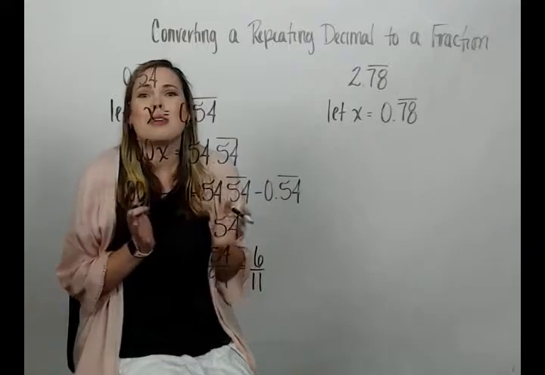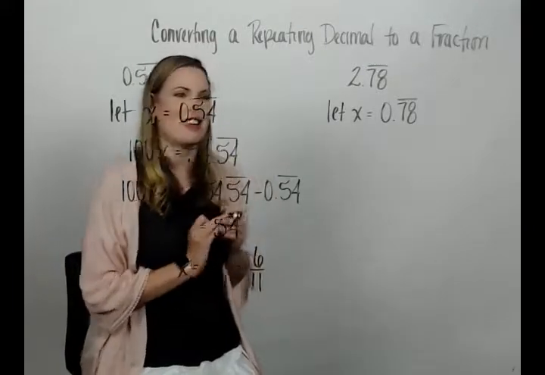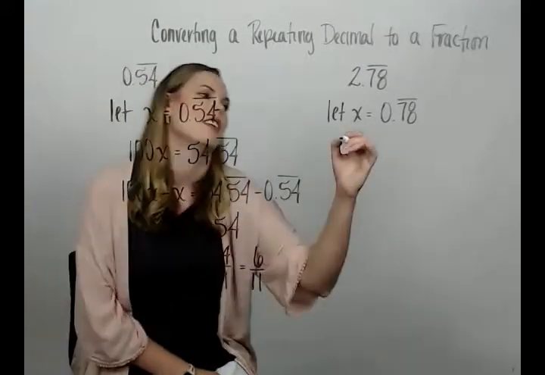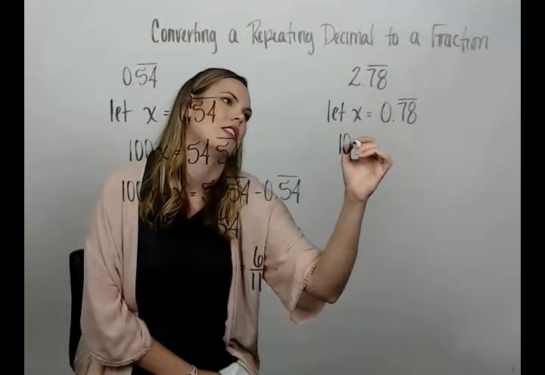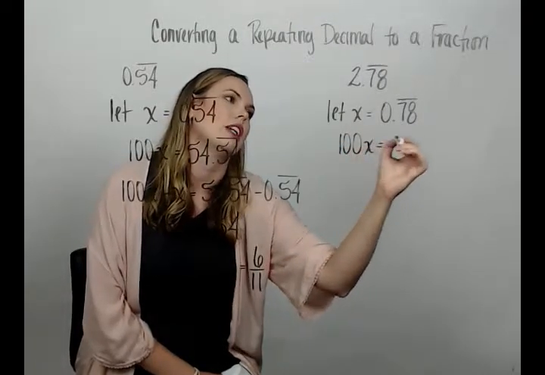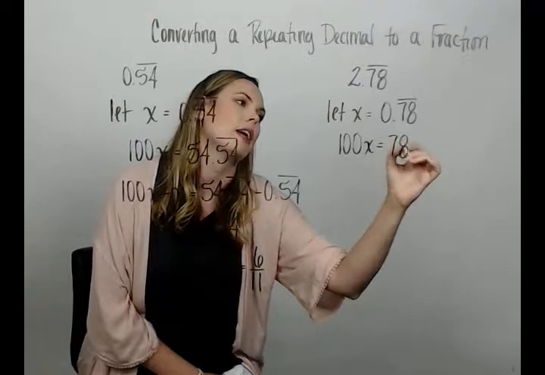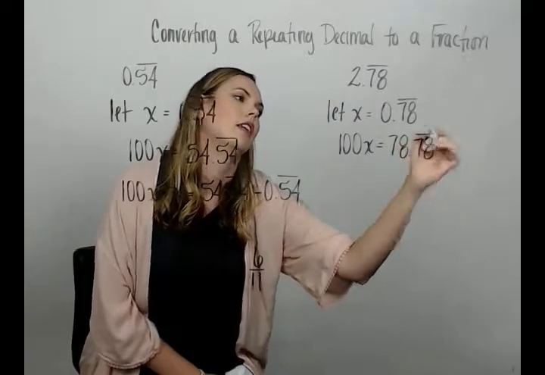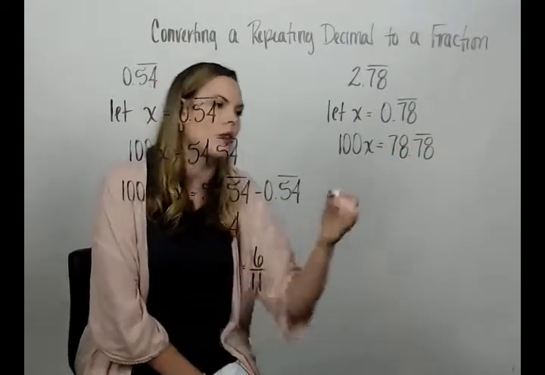Deal with the 2, the whole number part, at the end. So x equals this. 100x would move the decimal so that I would have the same part repeating. Subtract the 2 equations.